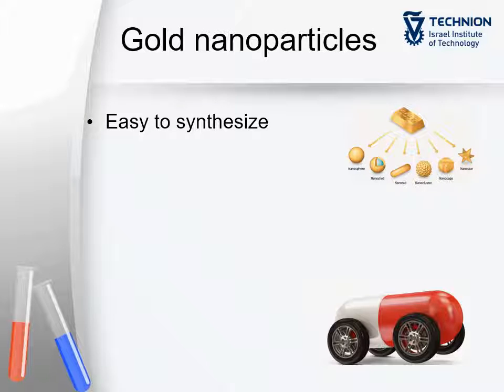Firstly, we can easily synthesize various shapes of gold nanoparticles with sizes ranging from 1 to 100 nanometers, such as spherical, rod-like, cage-like, and so on. The optical and electrical properties of gold nanoparticles greatly depend on their shape and size.